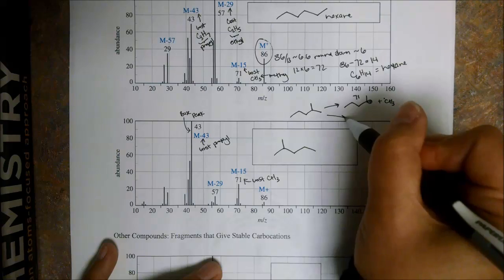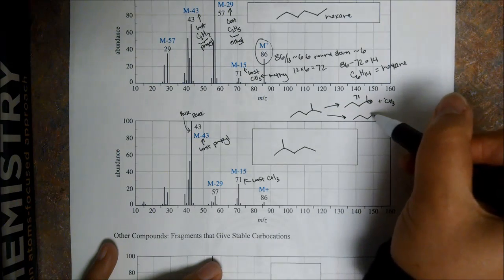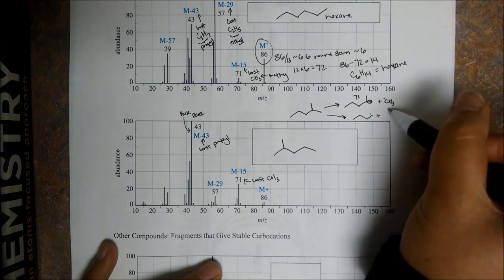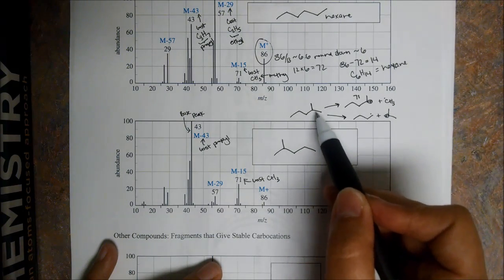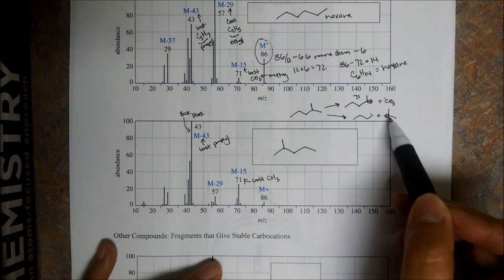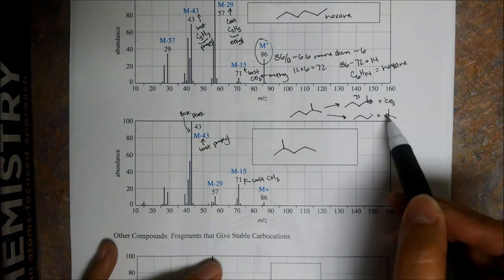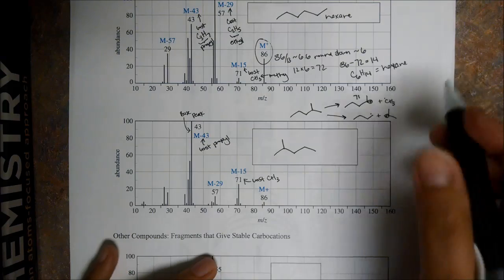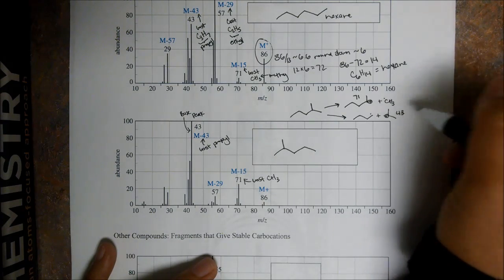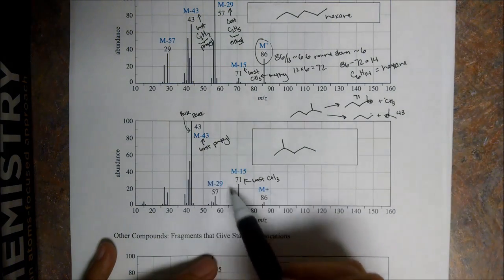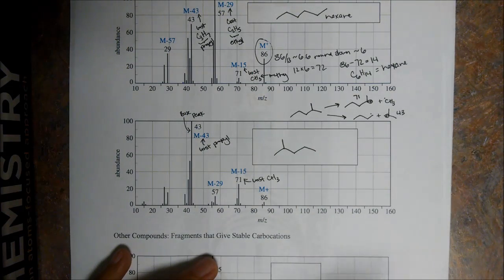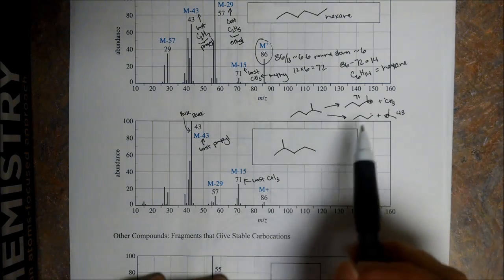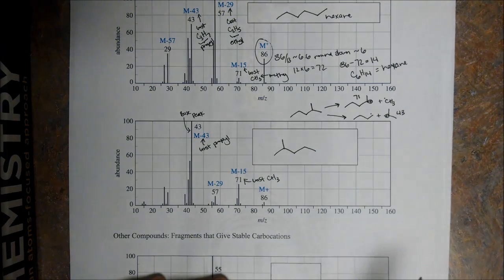Another way to get a secondary carbocation would be if it were to fragment this way. So this whole part gets lopped off, and we get a nice secondary carbocation. It's a stable carbocation, and this corresponds to a mass of 43, which is again why it may be the base peak, because its cation is pretty stable. So this is a more stable secondary carbocation.